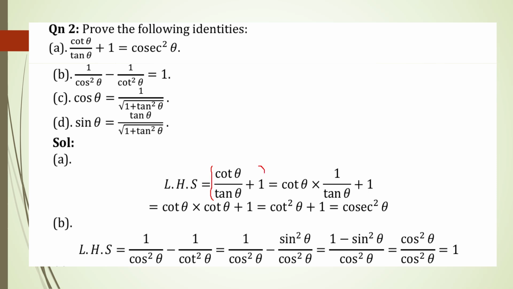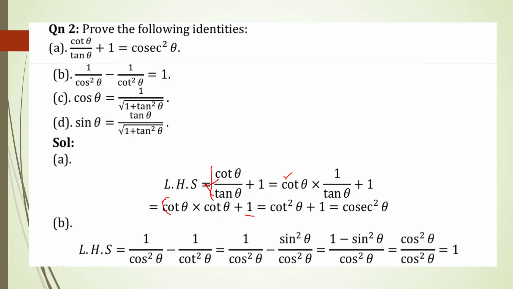We first separate these two components simply by putting cot theta aside, so it's the same as cot theta times 1 divided by tan theta. But remember that 1 divided by tan theta, or the reciprocal of tan, is the same as cot theta. So you're going to end up with cot theta times cot theta, then plus 1. So cot theta times cot theta gives us cot squared theta plus 1.